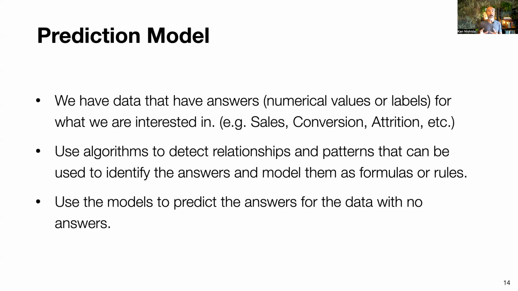So we're going to use algorithms such as random forest to detect the relationships and patterns that can exist in the data. Based on that, the algorithm builds something called models. And once models are built, we can use that to predict the answers for the data that doesn't have answers.